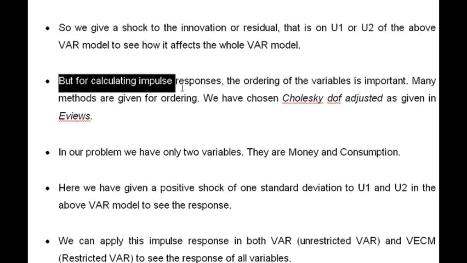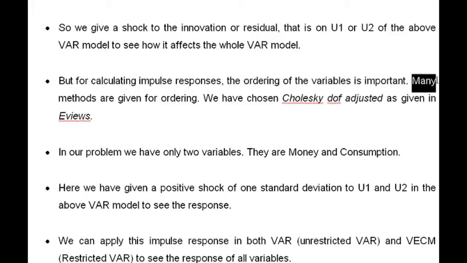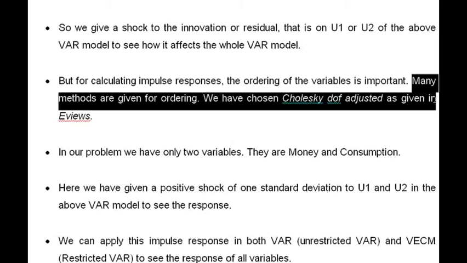But for calculating the impulse response, the ordering of the variables is important. That means how to order the variables is very important. Many methods are given for ordering, but here we have chosen Cholesky's adjusted method as given in EViews.